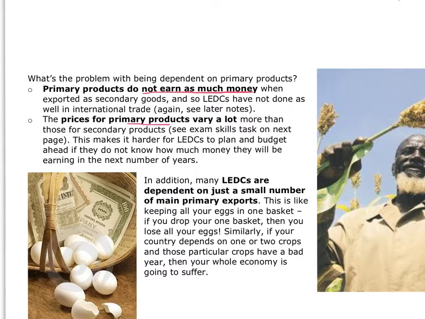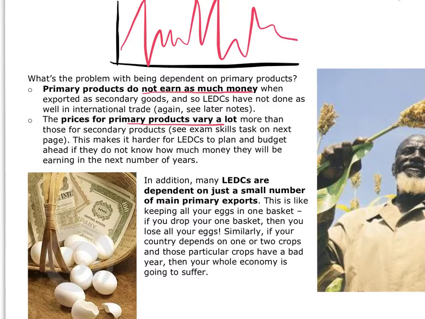The primary products prices vary a lot. So you can have a graph, you may remember looking at this in class, and the price will go up and down very considerably. And in addition, many of the LEDCs are dependent on just a small number of primary products, so keeping all their eggs in that one basket. Problem with that is that if your one or two crops fail because of a bad year, then your whole economy can suffer.